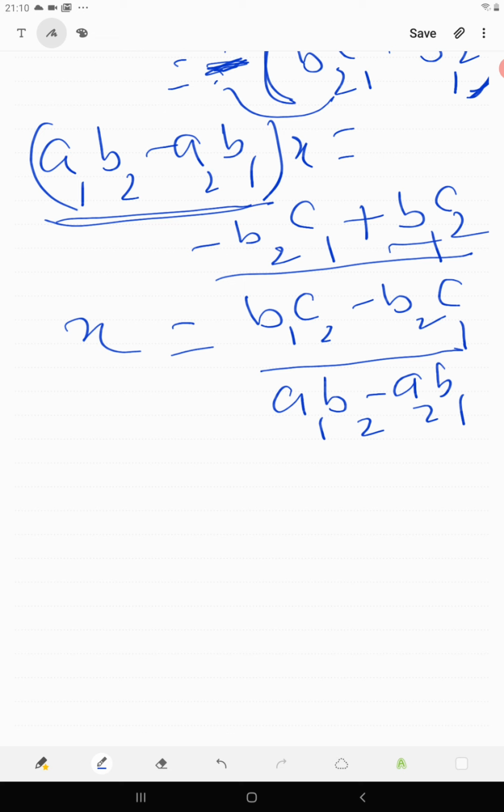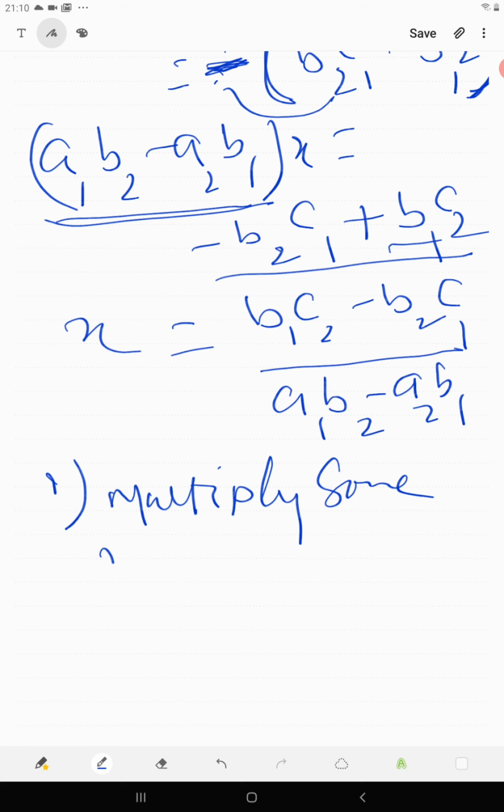So the next step is add or subtract. First is multiply some number. This is the first step.